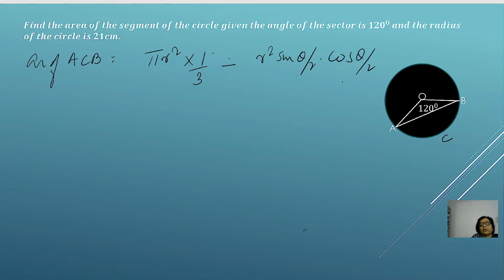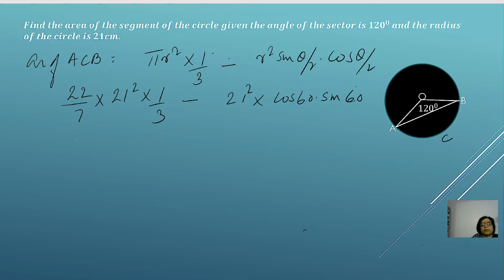So here, because the theta value is 120, theta by 2 will become 60. So putting the values we get here 22 by 7 into r square. r square is 21 square. 21 square into 1 by 3 minus this becomes 21 square into cos 60 into sine 60.